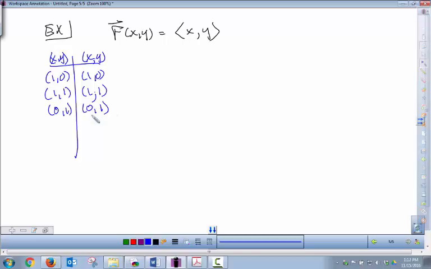Can you imagine how this is going to look? Looks like it's just going to go outward, right? So if we have a point here, it's going to go out this way. If you have a point here, it's going to go out that way. Point here, it's going to go out that way. At least these are the three that we have listed.